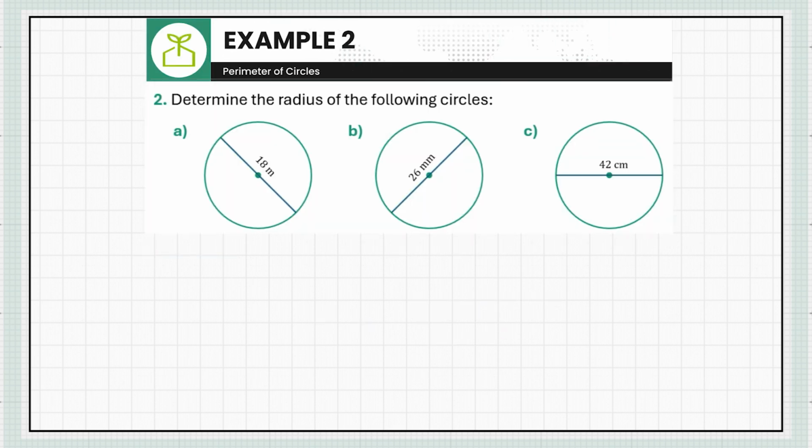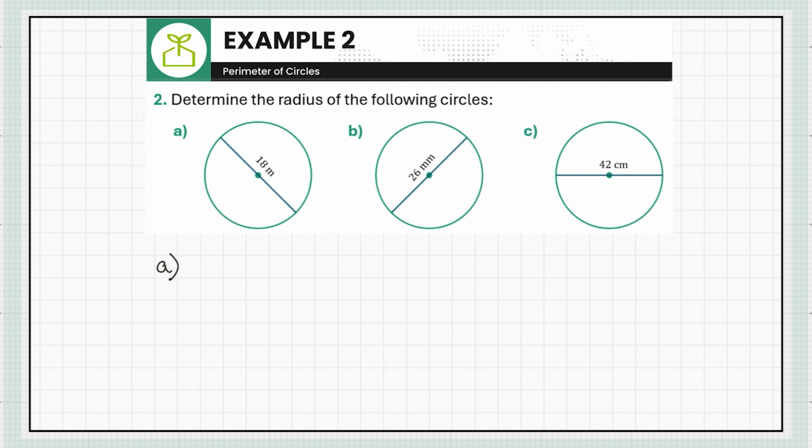Alright, so the next skill I want to talk about is just determining the radius from the diameter. It will be useful sometimes to know the radius and sometimes to know the diameter. But the first thing you have to remember is the diameter is always twice the size of the radius. So in order to find our radius, all we need to do is divide our diameter by 2.